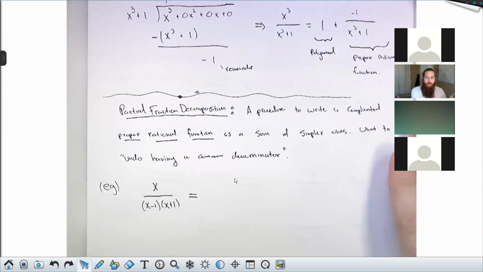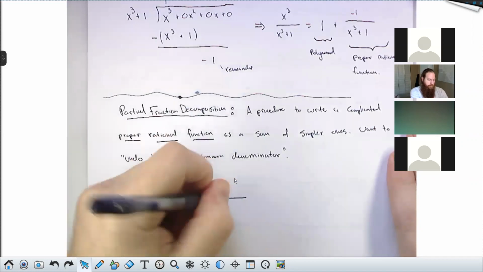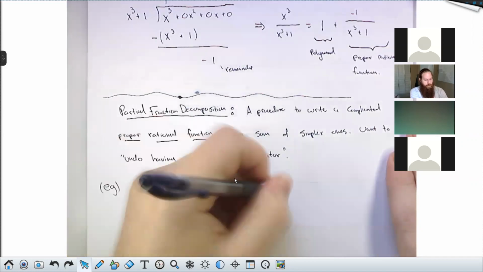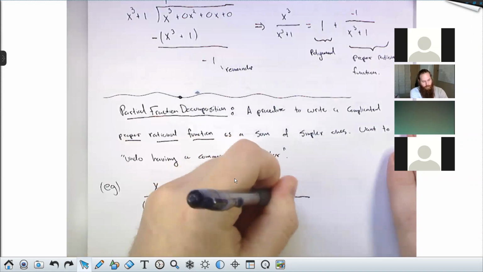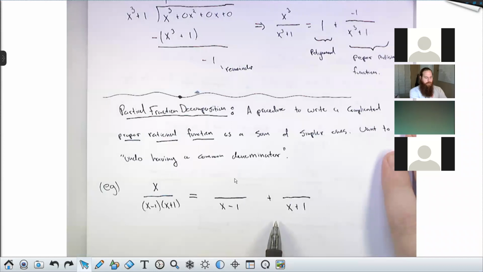By adding up two simple, proper rational functions. Well, if I added something whose denominator was x minus 1 to something whose denominator was x plus 1, then when you put those two together, they would have to have this denominator, right?